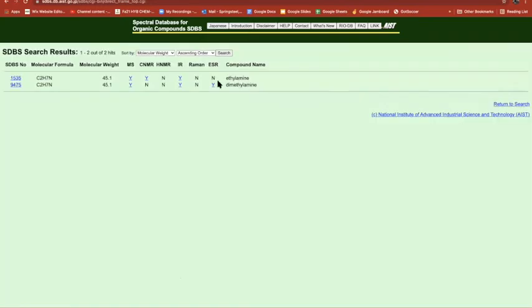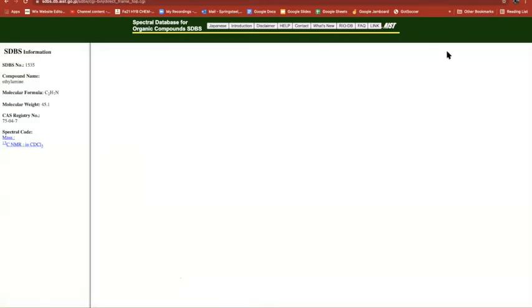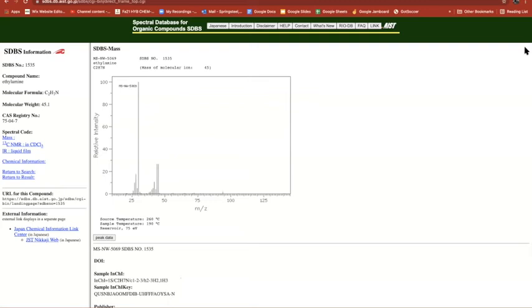There it is. Yes, ethylamine, we got it. So when you look at ethylamine, its molecular ion is 45. That's odd. That makes you think it has an odd number of nitrogens, so it's right there. That's 45. And there's an isotope peak.